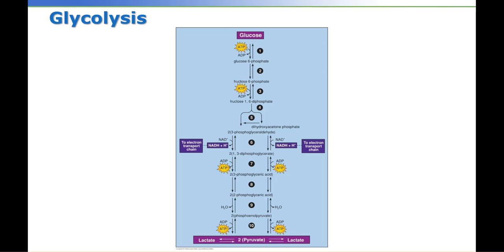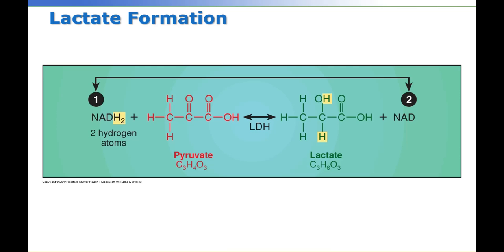And what's taking place here is that this is the energy source, the energy system that you're using between about 12 seconds and 90 seconds is anaerobic glycolysis. Okay. So lactate formation occurs at the end of this process.